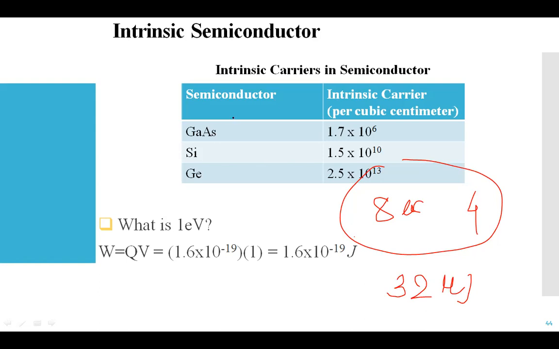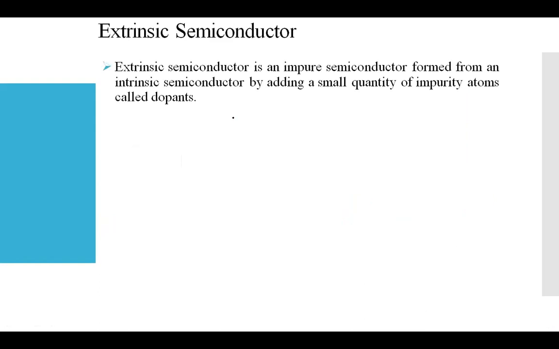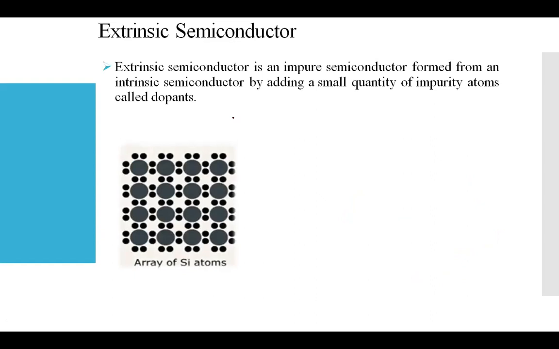Now if we go ahead to the extrinsic semiconductor material, as we discussed, we are doing the doping process. That means we are adding some impurities into the material, and that forms the extrinsic semiconductor material.